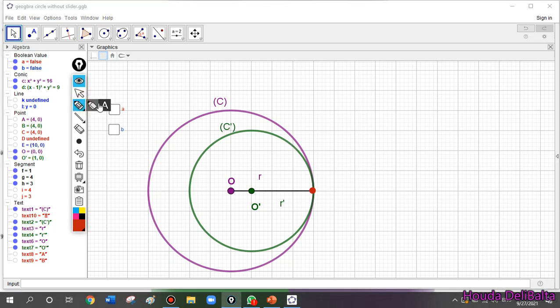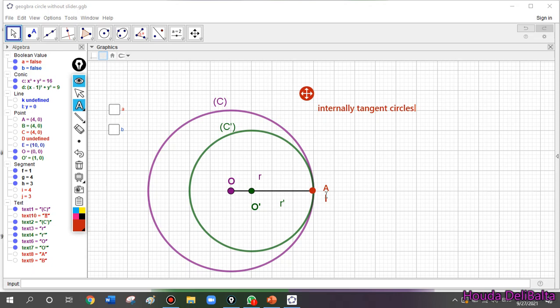That point of tangency is also collinear with the centers. Let's call it A again. So these are called internally tangent circles, and that's the point of tangency.